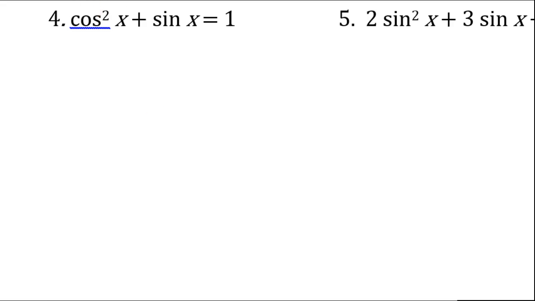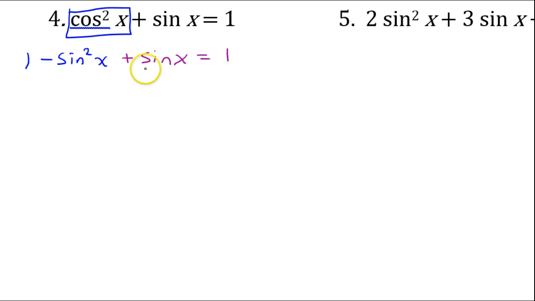So I'm going to make that substitution. In place of this right here, I'm going to put 1 minus sine squared x. Okay, and then you have the rest of it. So it's plus sine x is equal to 1, just bringing the rest of it down.